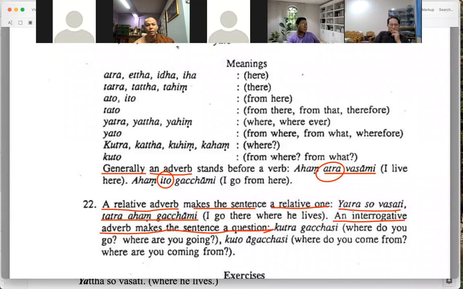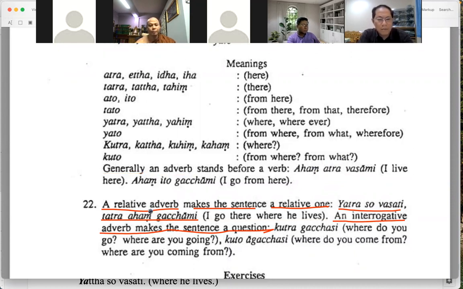Okay, now next one. Yes. Can we start the sentence with the main clause first? Can. Main clause or relative clause, whatever you like, you can put first. No problem. Okay. Yes, okay.